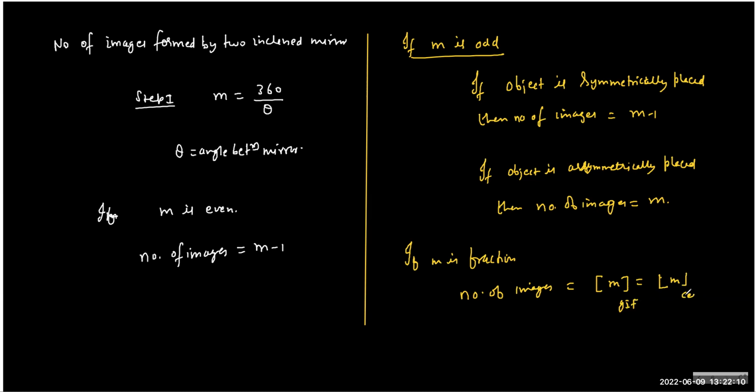This is called floor, so you take the lower value. M is the number you get by dividing 360 by theta. M is like the total number of images that you can imagine.